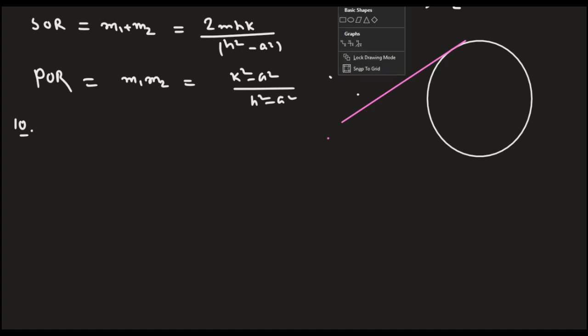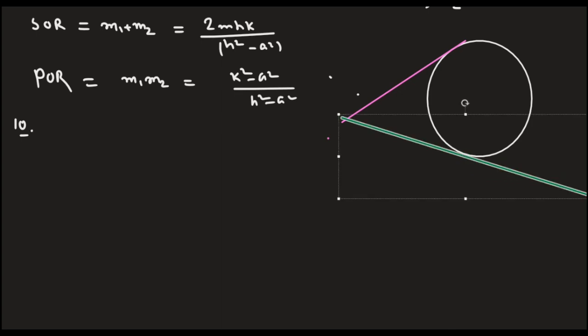Try to understand. Now we have these two tangents, and they are passing through h comma k.